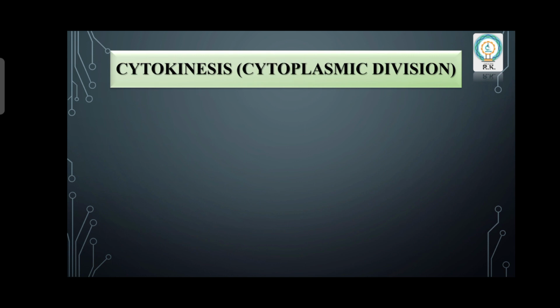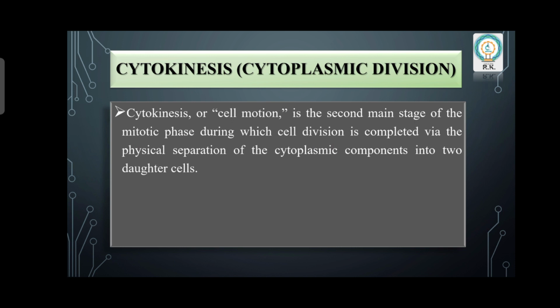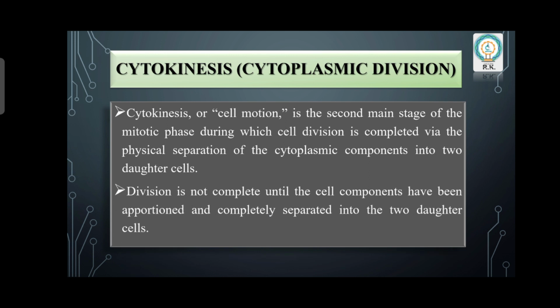Next, cytokinesis or cytoplasmic division. What is cytokinesis? I have already given you the one line definition, that is division of cytoplasm between two daughter cells. Cytokinesis is the second main stage of the mitotic phase, during which cell division is completed via the physical separation of cytoplasmic components into two daughter cells.